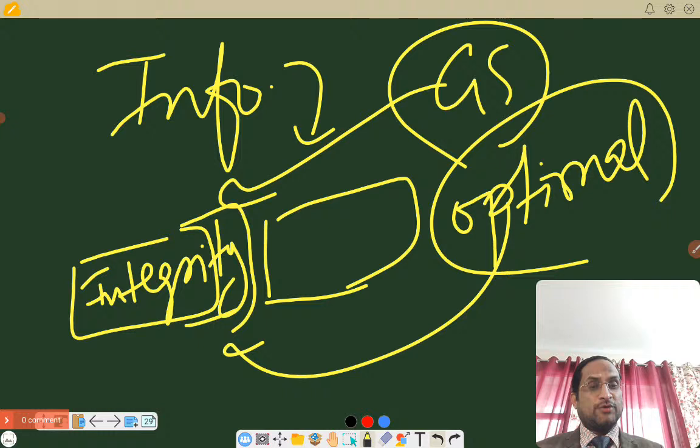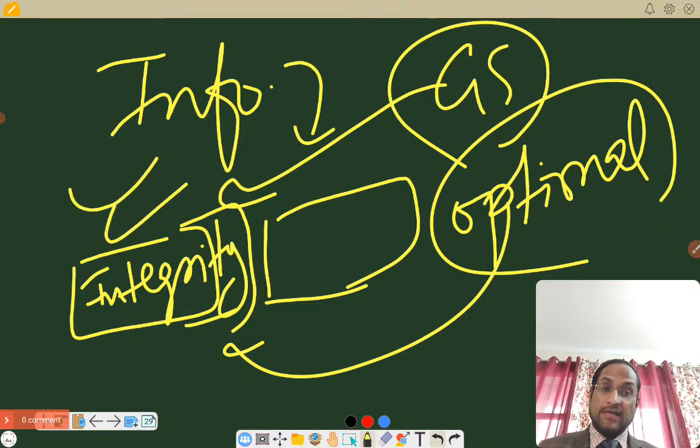So whenever you encounter a theory question on integrity or anything related to integrity, will you be able to write that information or not? The answer is yes. When you encounter a case study where the value of integrity is involved, will you be able to give inputs from your understanding of GS and optional paper or not? Yes, the answer is yes.